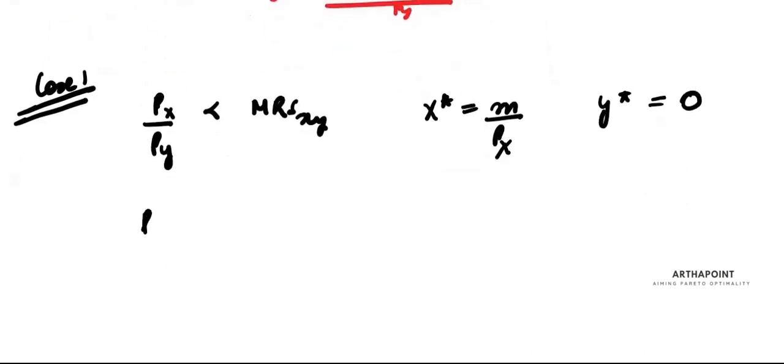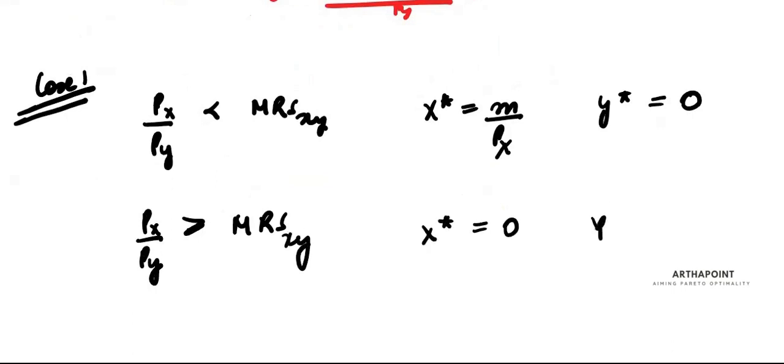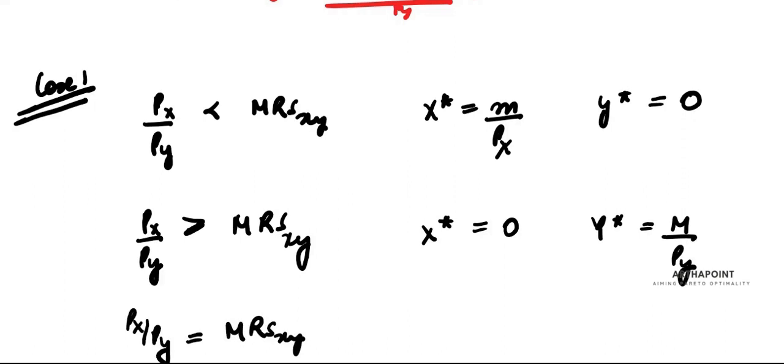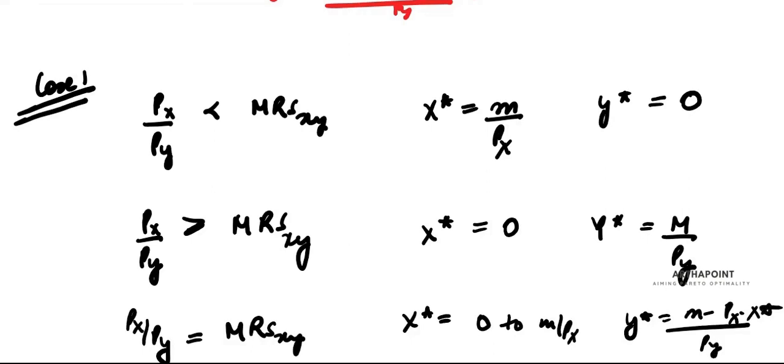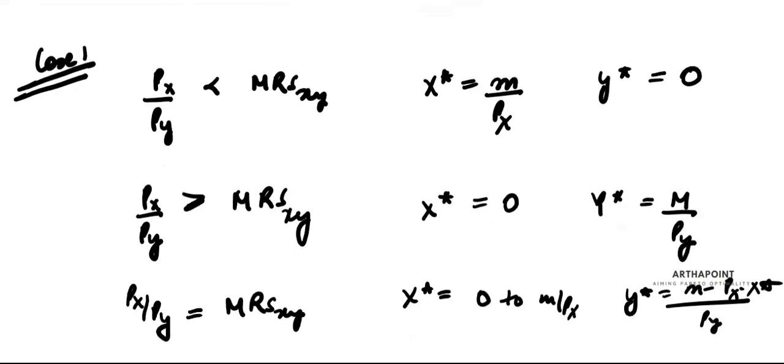Case 2, where Px by Py is greater than MRS XY, your X star is 0 and Y star is M by Py. Case 3, where Px by Py is equal to MRS XY, X star is anything between 0 to M by Px, and Y star is the remaining amount, M minus Px into X by Py. This is your Marshallian demand.